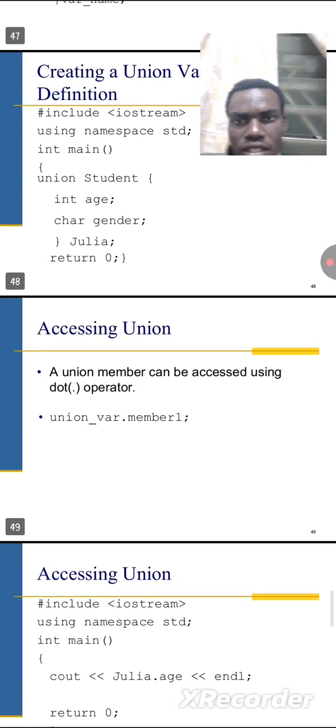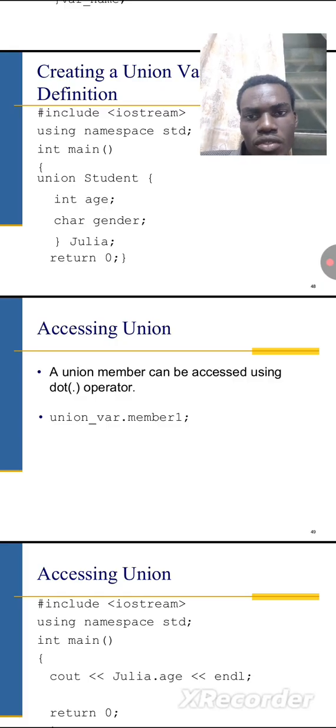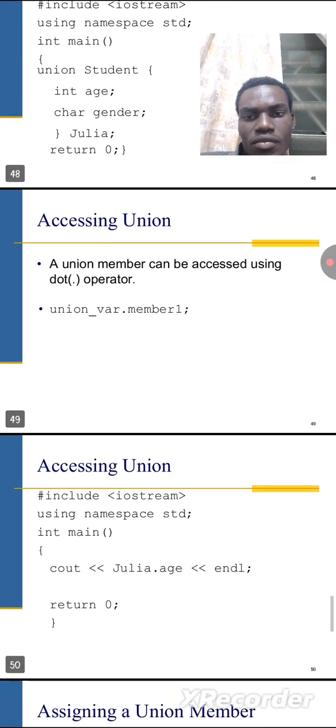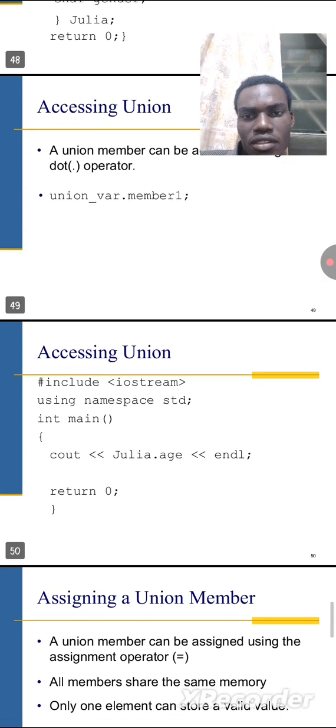If you want to access any member from a union, you have to use the dot operator. So the union variable, and you use the dot operator to call out the member in the union.